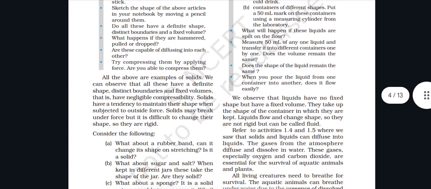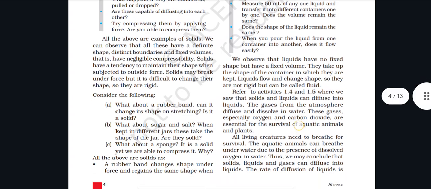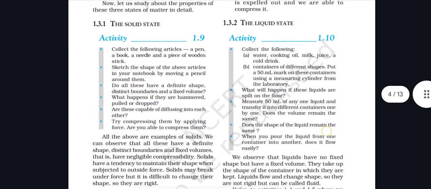We can observe that all these have a definite shape, distinct boundary, fixed volume, and negligible compressibility. Solids have a tendency to maintain their shape when subjected to outside force. If we give any force to the objects, the shape remains the same. So these were the examples of solid state.